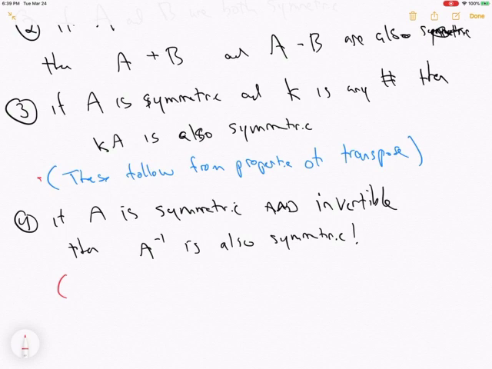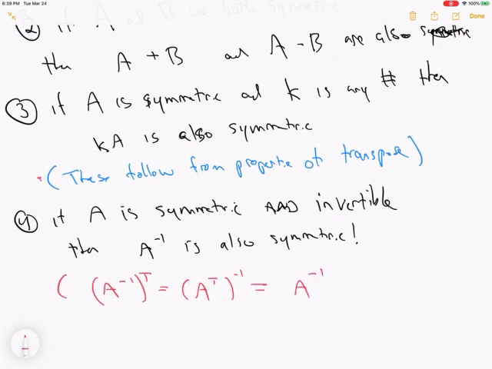The idea is very simple: one of the properties of transpose is how it interacts with the inverse, so (A inverse) transpose is equal to (A transpose) inverse. But if A is symmetric, then A is already equal to its own transpose.